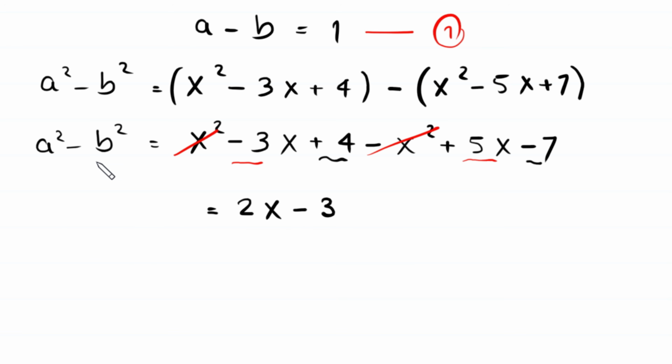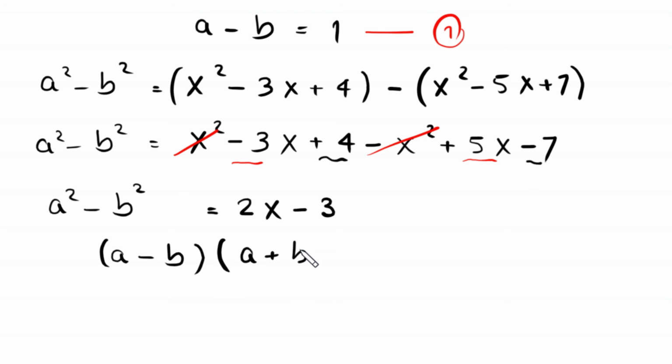At the left hand side we have this expression a squared minus b squared. This can be factorized as a minus b times a plus b equal to 2x minus 3. Since a minus b equal to 1, we replace a minus b with 1.